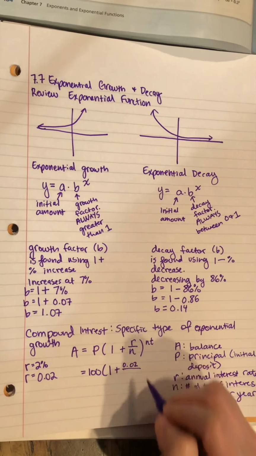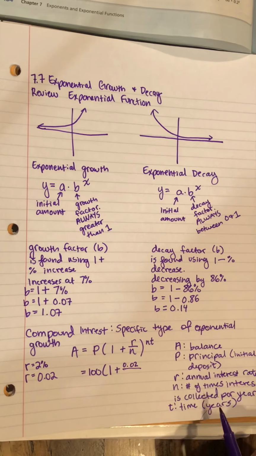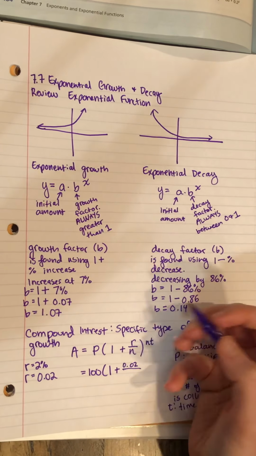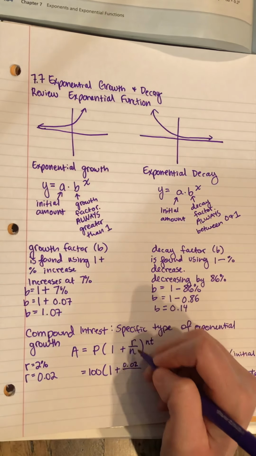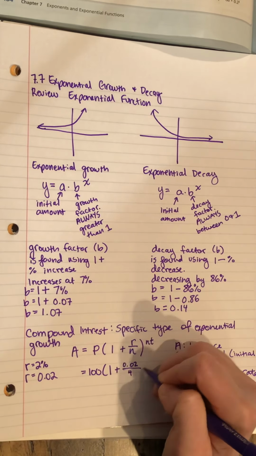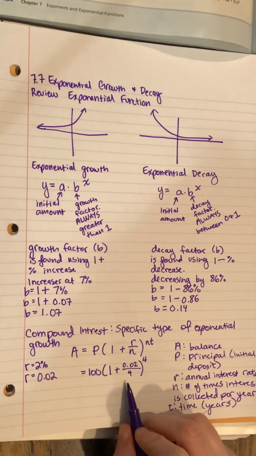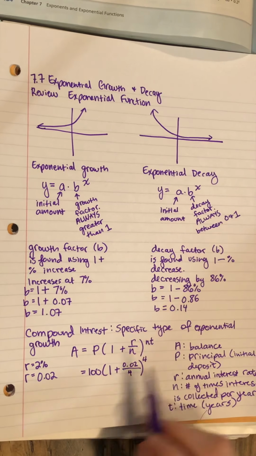And say this bank collects interest quarterly, or it accrues interest quarterly. Well, quarterly means 4 times per year. So that N is going to be 4. N here and also N here. And then T says after how many years.